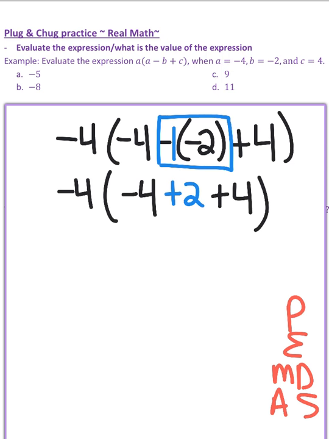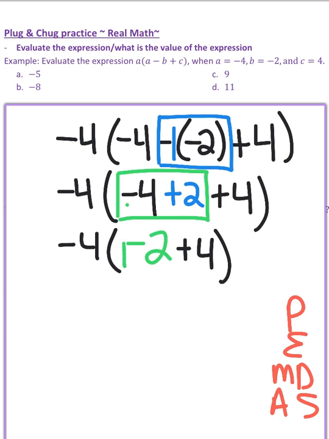And then I'm going to look back inside the parentheses and work left to right. I have a -4 plus 2. So I have two different signs. One is negative, one is positive. And I know I need to subtract the numbers when that happens. And if I do 4 minus 2, I get a 2. But in this case, it's a negative because the larger number was also negative. So I have -2, bring everything else down.